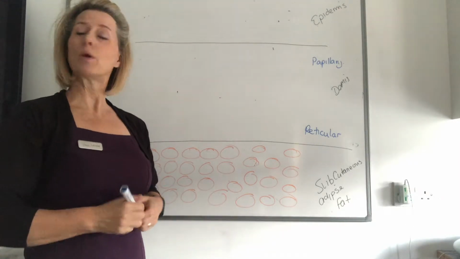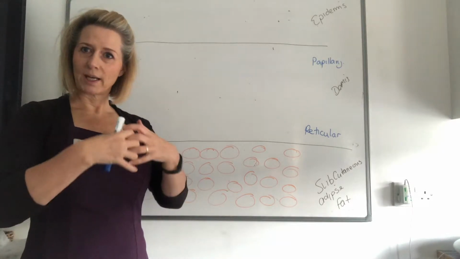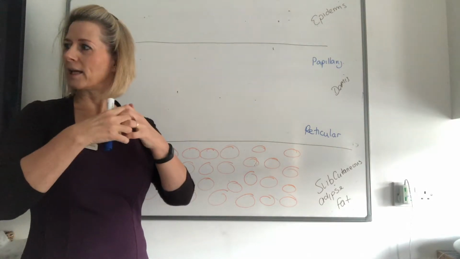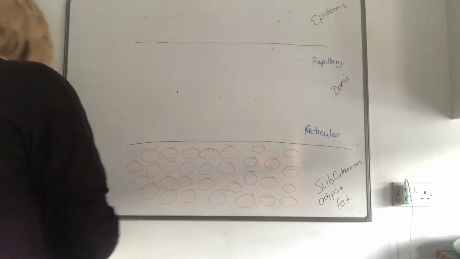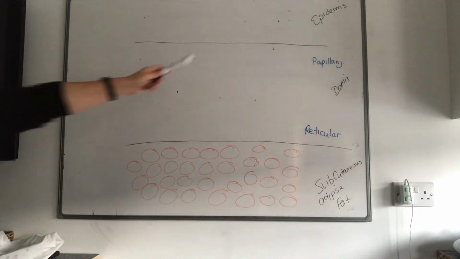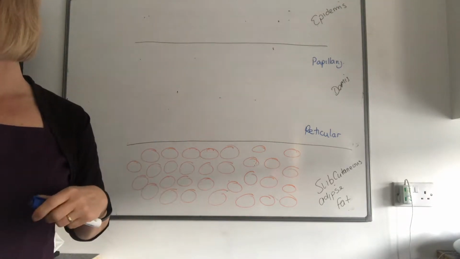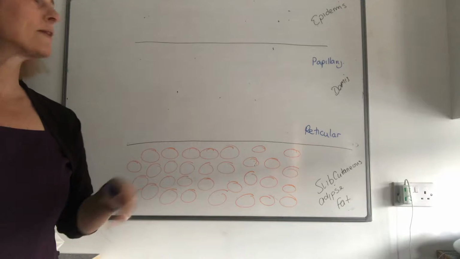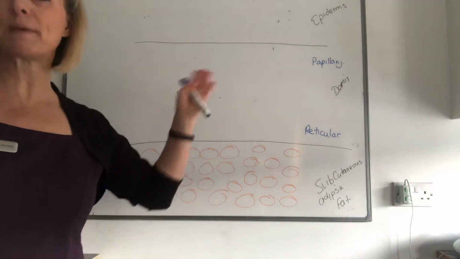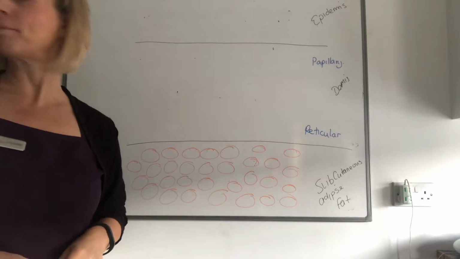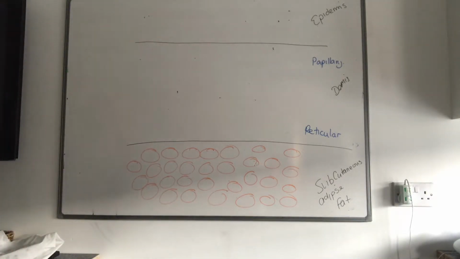Connective tissue. And what does connective tissue do? It gives structure, gives substance, gives connection, basically. How do you remember that the papillary is at the top, the reticular is at the bottom? There are lots of different ways when you understand the function, but a very simple one is P comes before R. So P's at the top, R's at the bottom. If you can't think of any other way, think of it like that.